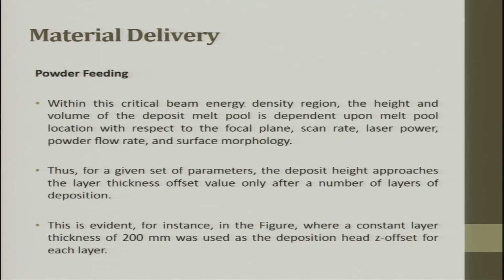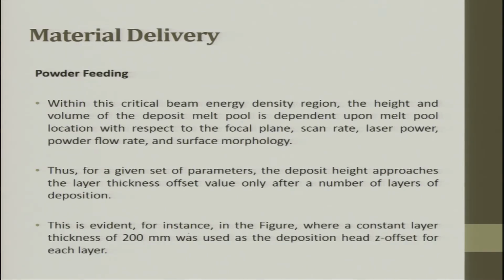Within this critical beam energy density region, the height and the volume of the deposited melt pool depend upon melt pool location with respect to the focal plane, scanning rate, laser power, powder flow rate and surface morphology. Thus, for a given set of parameters, the deposit height approaches the layer thickness offset value only after a number of layer depositions.